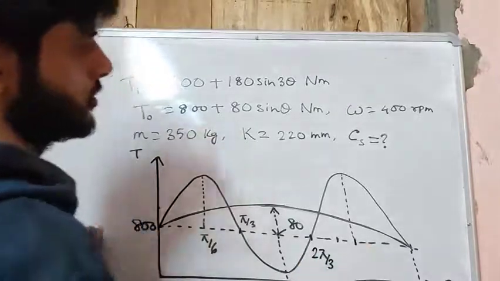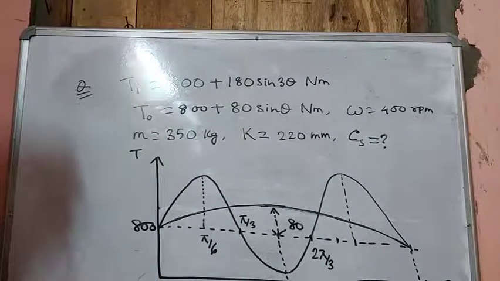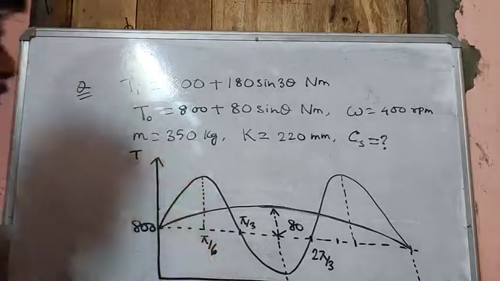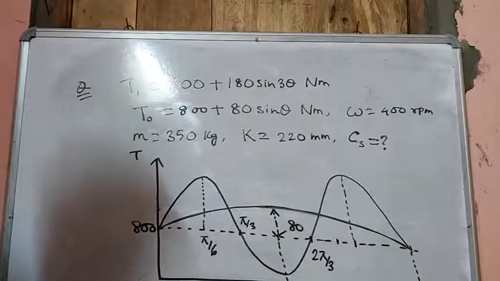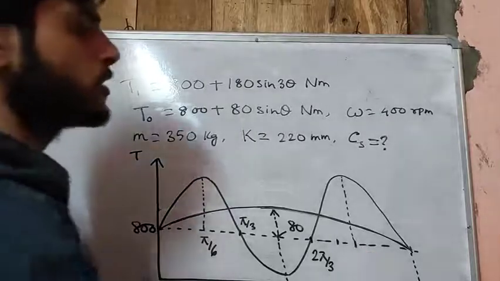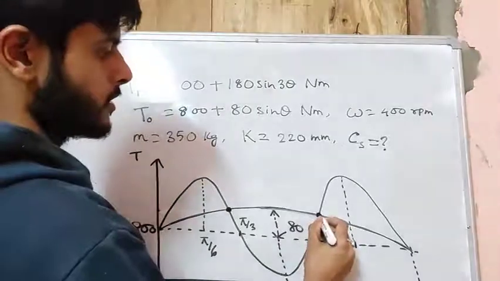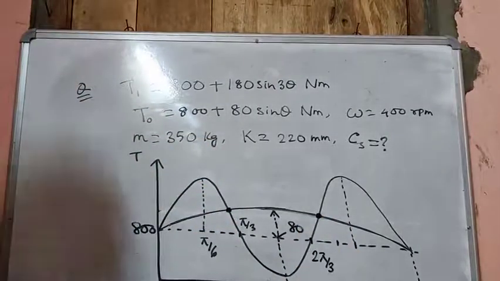Okay, so this is the graph. As we can see, there are two intersections between these two curves, over here and over here. This curve is the input torque.